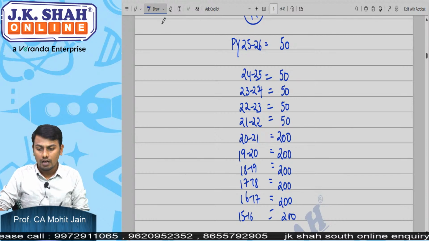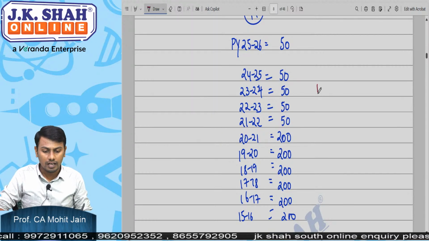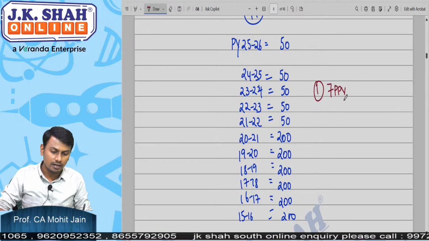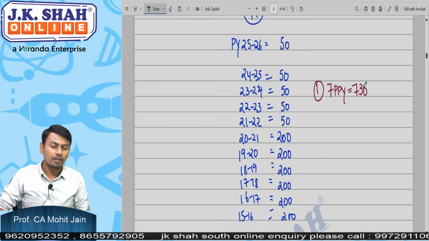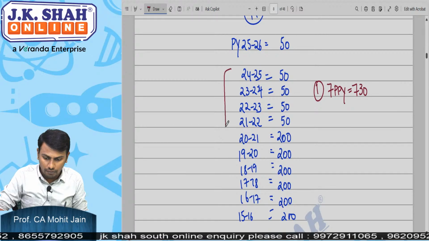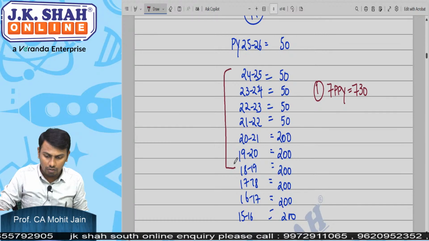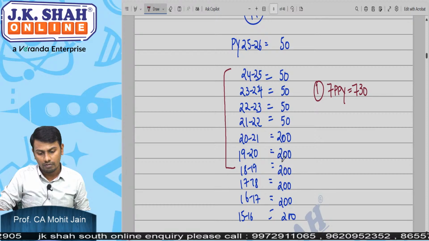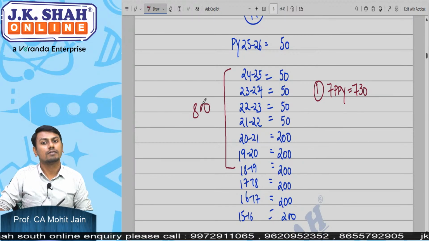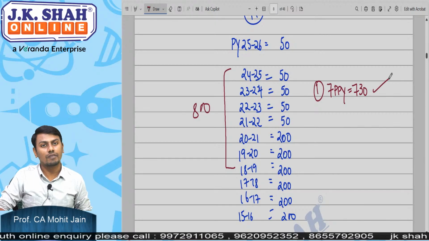Correct, right? Now let us see additional condition number 1. In 7 preceding previous years, he has to be there for 730 days or more. Now do the total of these 7: 200, 400, 600, 650, 700, 800 days. So can I say additional condition 1 is satisfied?